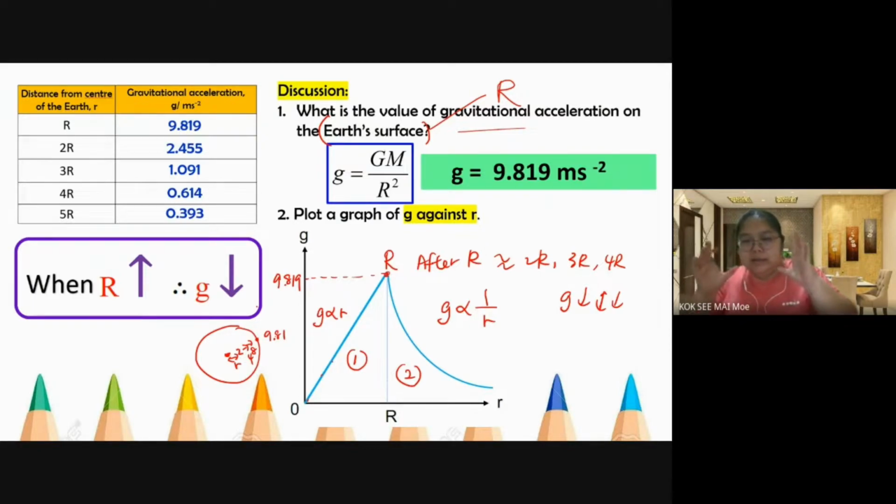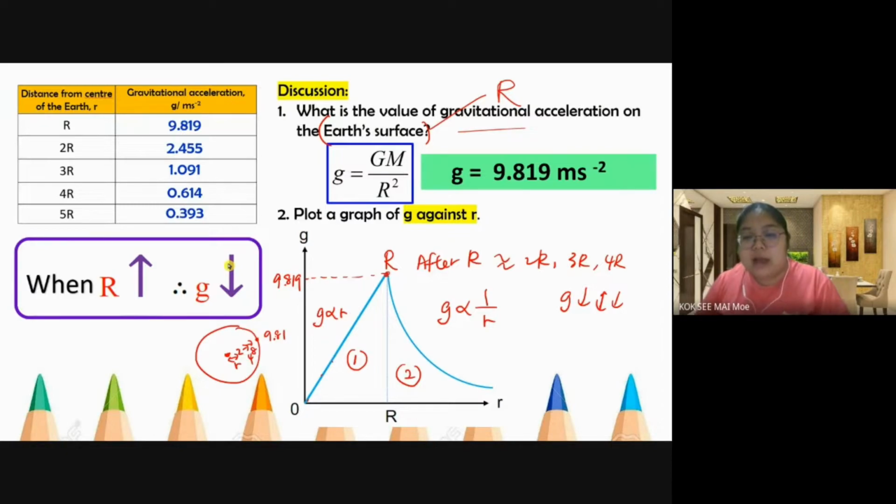That means inside the Earth and far away from the Earth, the concept is different. Inside the Earth, G is directly proportional to R. The further the distance from the center, the bigger your G becomes, until the surface. So the surface of the Earth should be the maximum of the gravity.